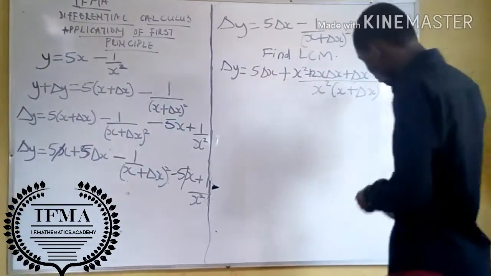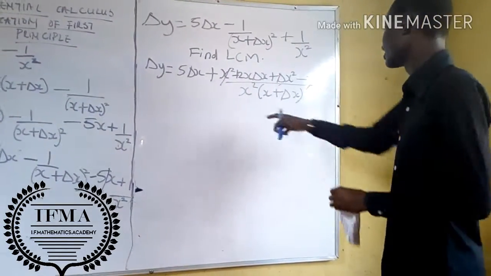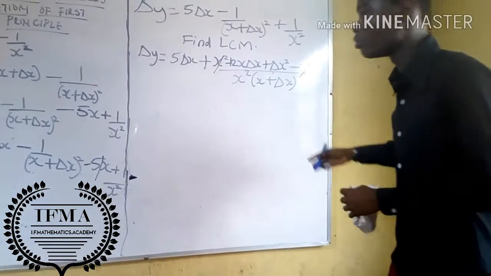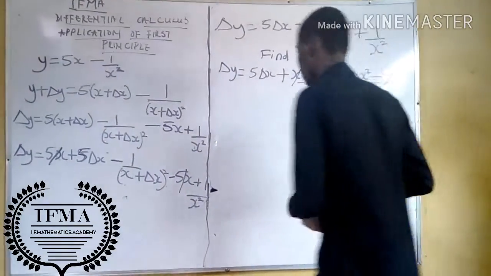So therefore, we look again. Do we see any other similarities? No, we don't. So therefore, we rewrite the equation because this already looks rough. So we have to rewrite it.